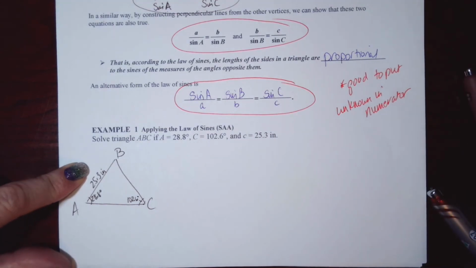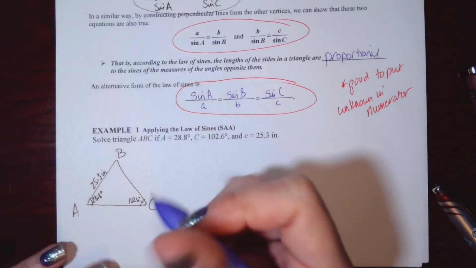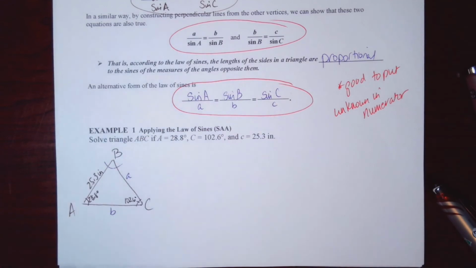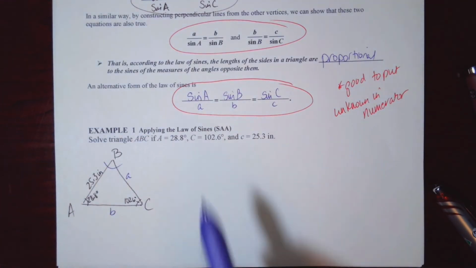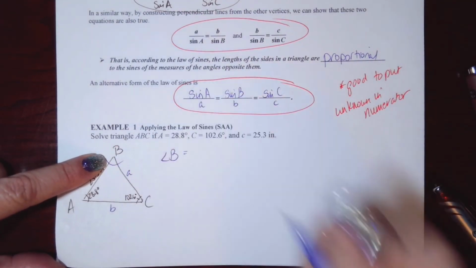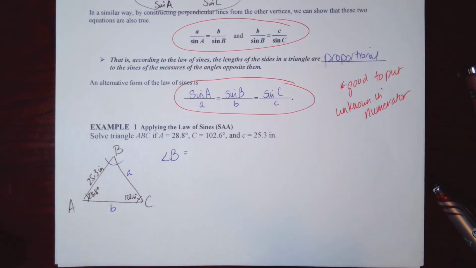So I need three pieces of information. I need a third angle, and I need two side lengths. I need to find side A and side B, and I need to find angle B. Well, I'm going to start with the easiest thing first. I'm going to find angle B first, because I know the sum of the angles in a triangle is 180.